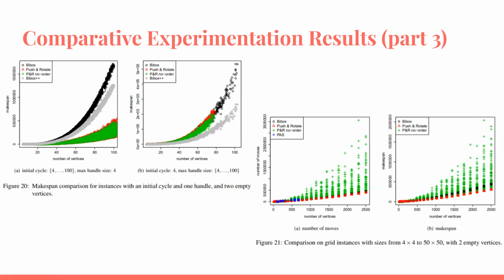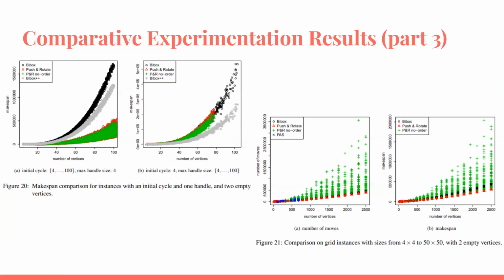And as you can see, the heuristics involved did make a difference for Bibox. But in terms of the difference here, we can clearly see that when we manipulate the initial cycle size, that's ideal for using PNR, whereas if we're manipulating the handle size, that's all Bibox's thing, and it is able to do it really fast, especially with the heuristics involved.